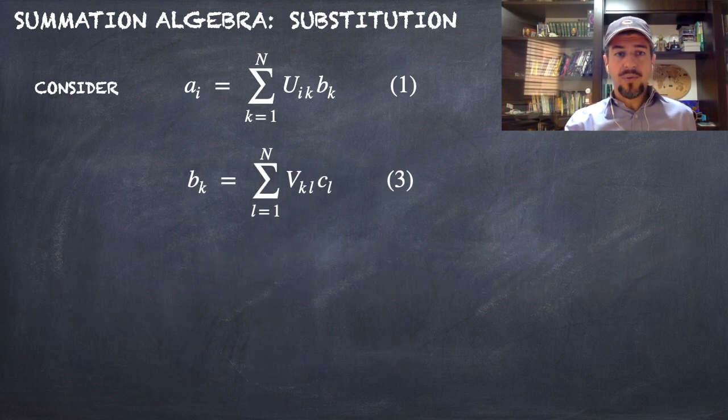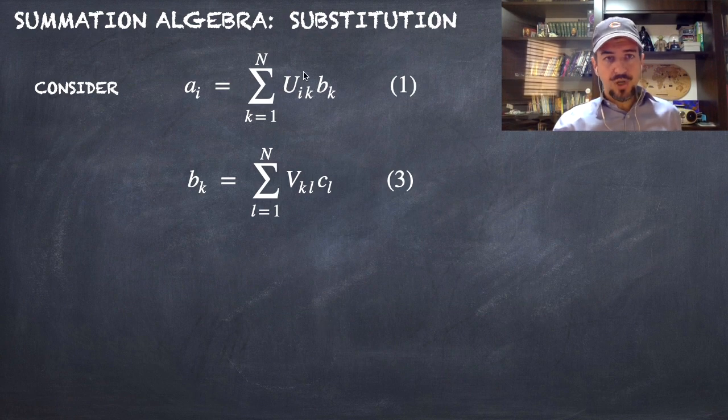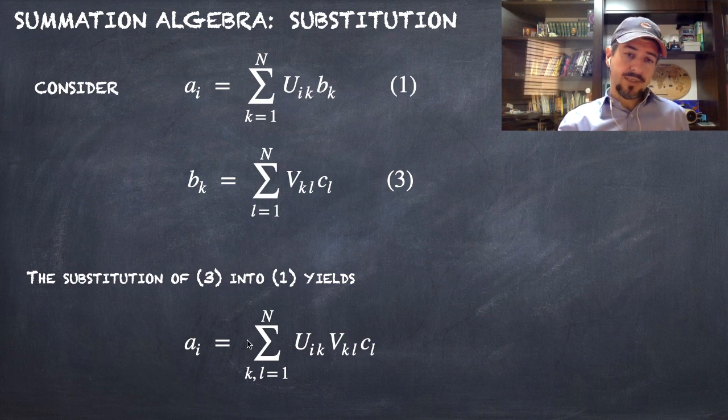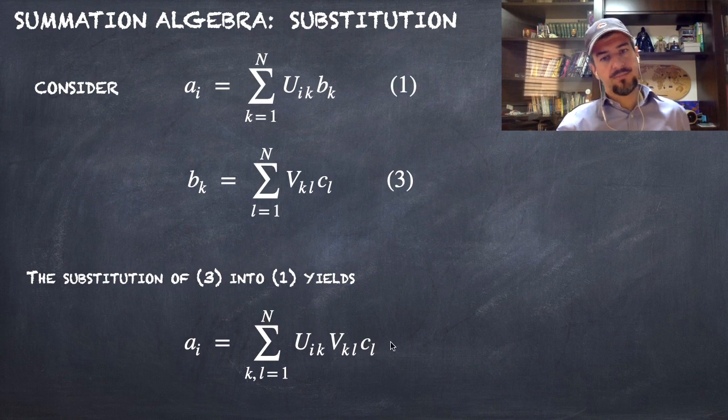Okay, now we are ready to substitute these terms into equation 1, resulting in a_i being, this is the symbol for a double summation, the summation over k and the summation over l of u_ik v_kl c_l. Okay, we're done. That's it.